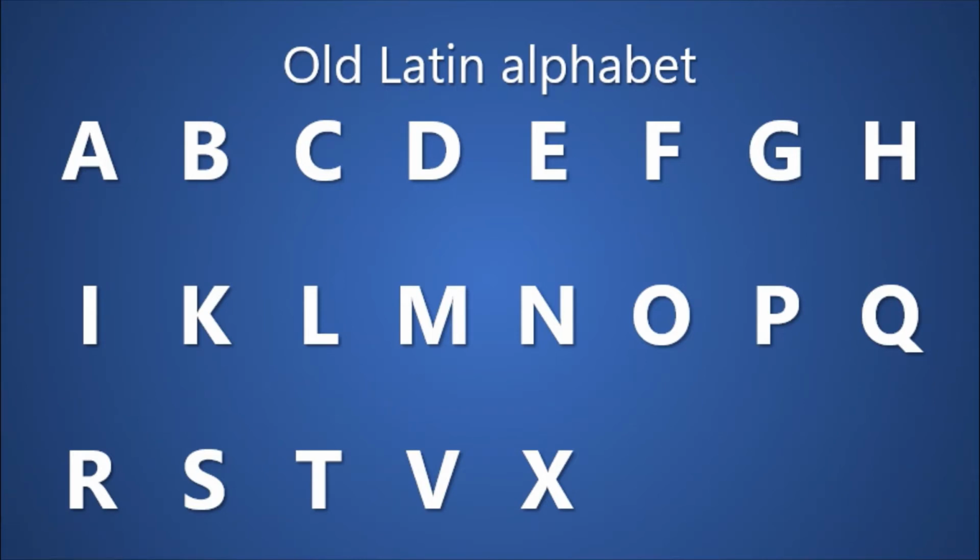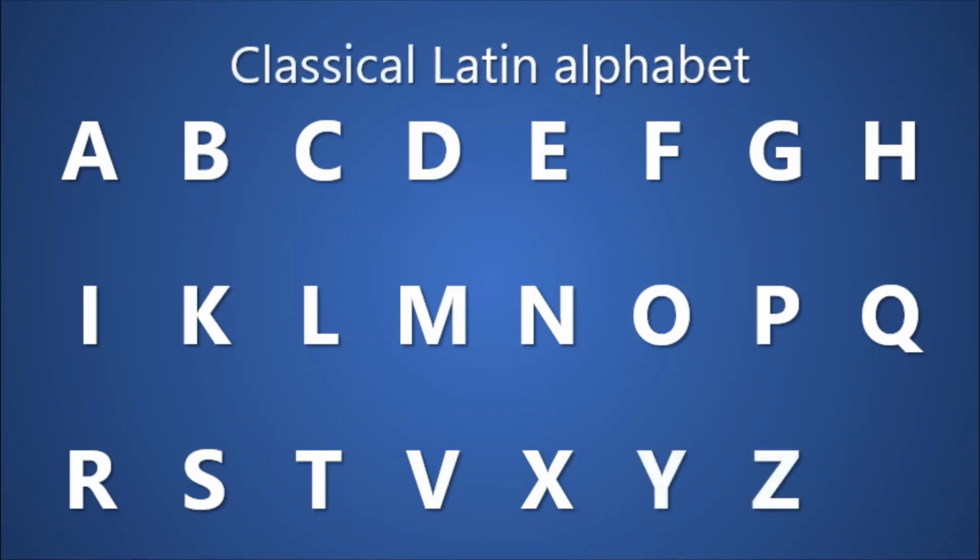Remember, it had dropped the original letter from the alphabet. To solve this issue, the letter zeta, along with another Greek letter which had no Latin equivalent, was added into the Latin alphabet. Because these were new letters, they were put right at the end, and so the classical Latin alphabet had the final letters Y and Z. So that's where Z came from, and how it ended up at the end of the alphabet.